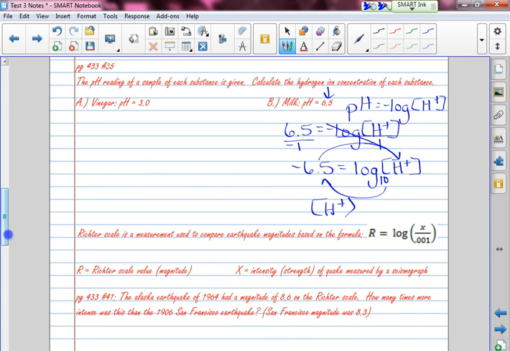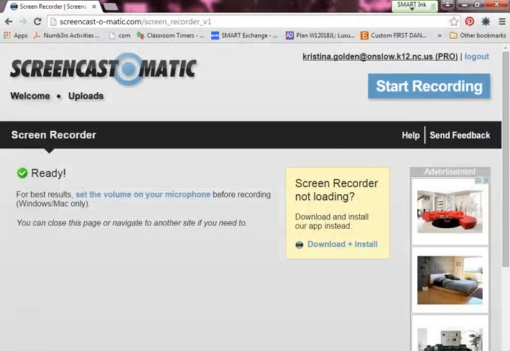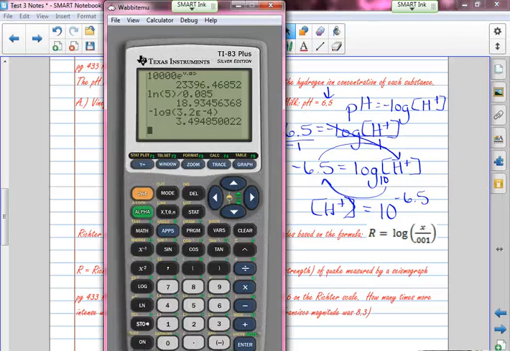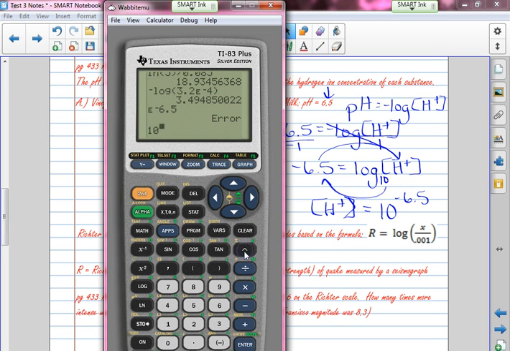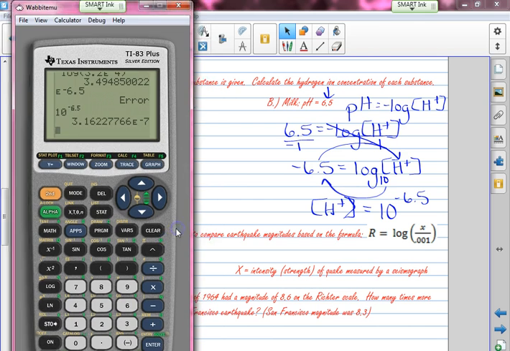So H plus equals 10 to the negative 6.5, and you get 3.16 times 10 to the negative 7.